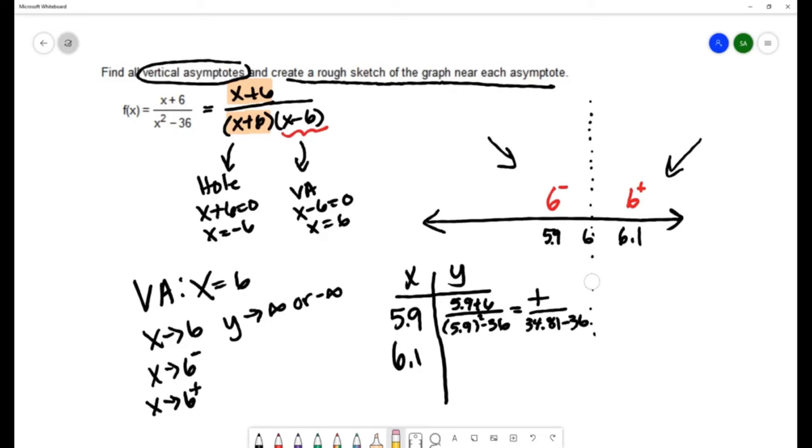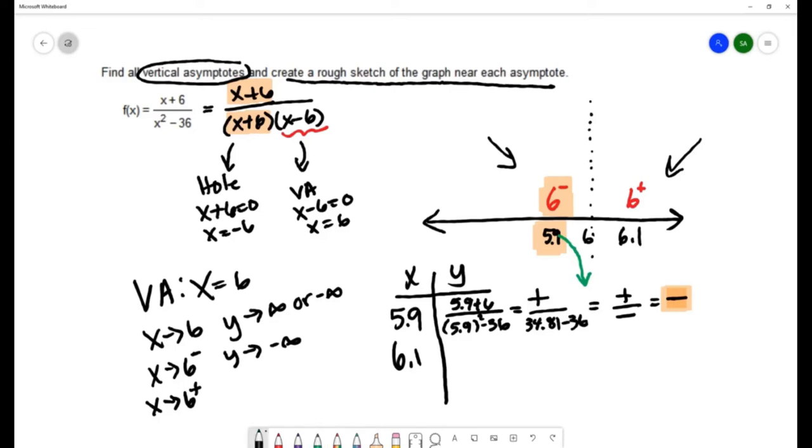I'm going to erase this so I can keep writing. So that is a negative value. A positive divided by a negative will give me a negative value. Remember that 5.9 was the number below 6. Because this came out to be negative, that tells me that y will be approaching negative infinity on that side. So when I sketch the graph on this side, y will approach negative infinity.